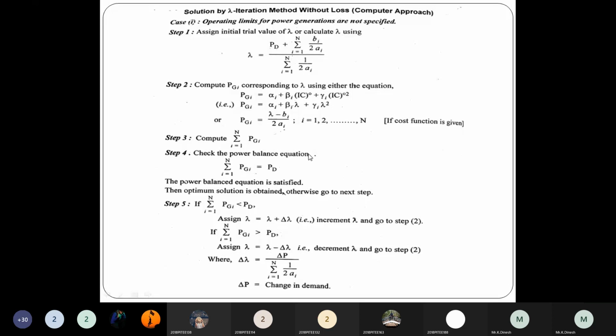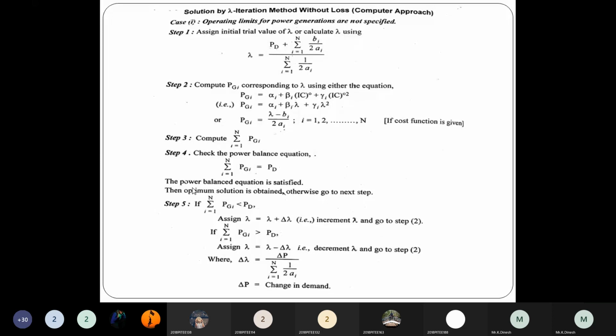The power balance equation is nothing but PG equal to PD. When the generation meets the demand, then only the power balance is satisfied. In today's scenario, the demand is more and more, but the generation is comparatively less, so we have power failure.